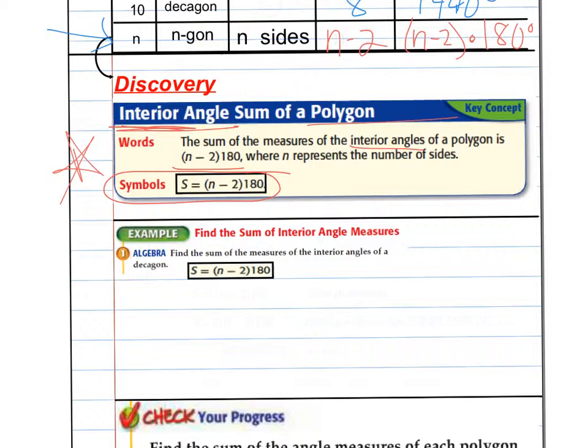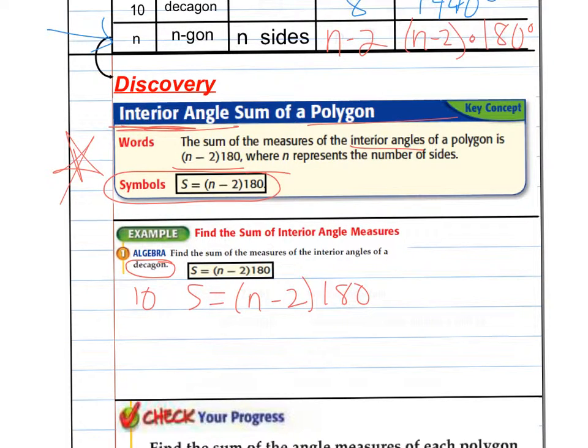So let's do some work to find out some measures. Looking at example 1, we are going to find the sum of the measures of the interior angles of a decagon. So this is where we have to know a decagon is 10-sided. So our formula is the sum is the number of sides minus 2 times 180.